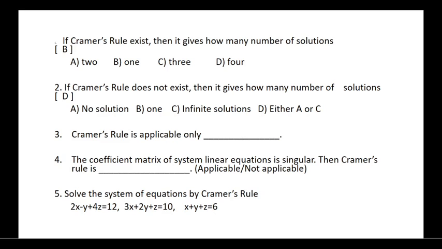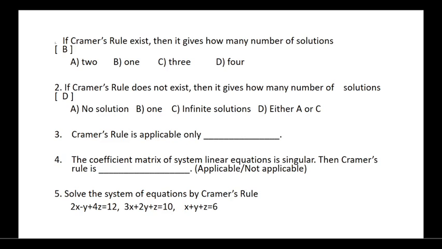Delta 2 is also the determinant of the coefficient matrix, but in the coefficient matrix, the second column is replaced by constant matrix elements. In a similar manner, delta 3 is also the determinant of the coefficient matrix if the third column is replaced by the constant matrix. Based on these formulae, we can find the solution set x, y, z.